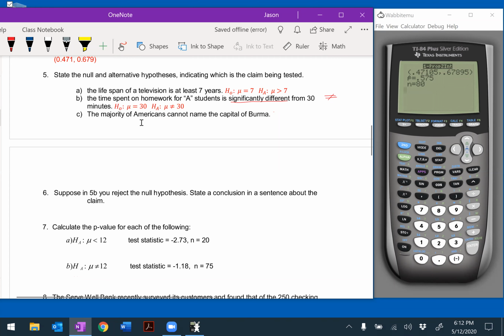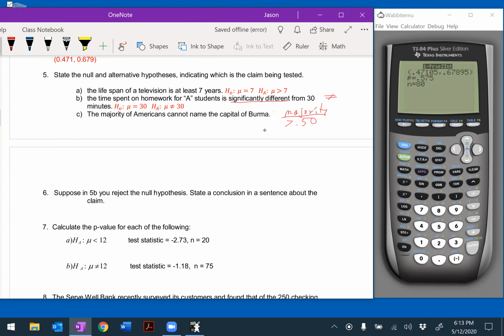Okay, the majority of Americans cannot name the capital of Burma. Well, what's majority mean? Majority is greater than 50%, or 0.50. That's what a majority means. So that's the claim.